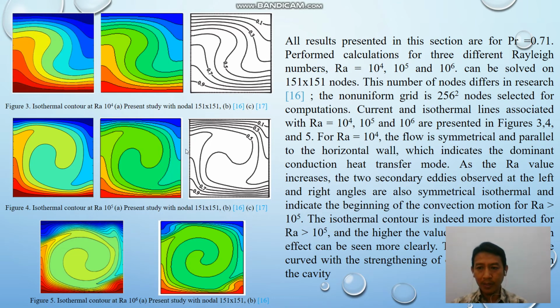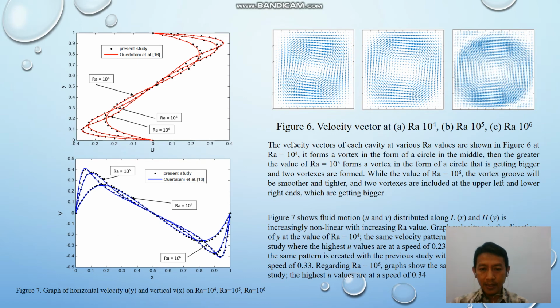Streamlines and isothermal lines associated with Ra 10^4 until 10^6 are presented in figures 3, 4, and 5. And then velocity vectors of each cavity are shown in figure 6.